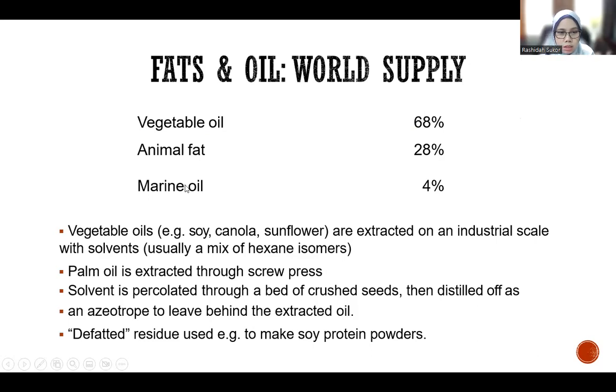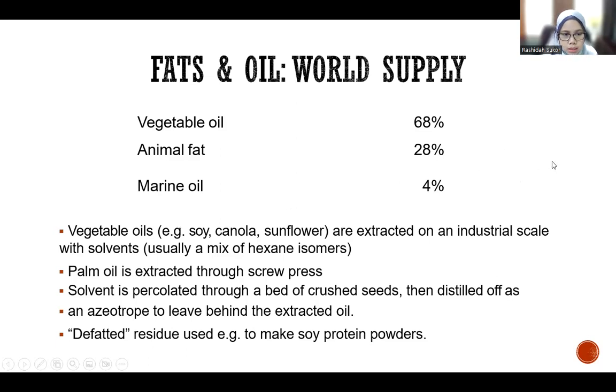Because why? Marine oil ni is not so much being used in food products, because one, it is very expensive, because you have to extract the oil from the fish. Okay, and also marine oil is highly unsaturated, so it is more prone to oxidation.